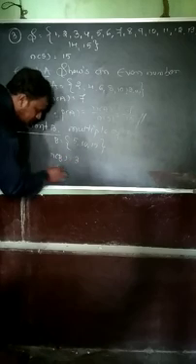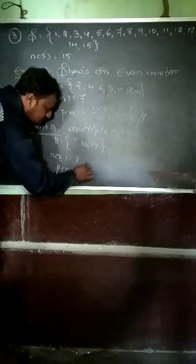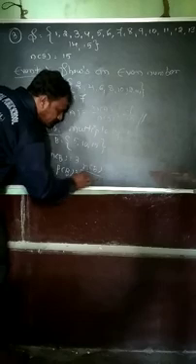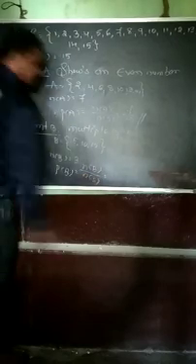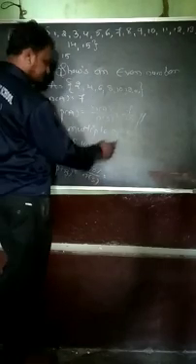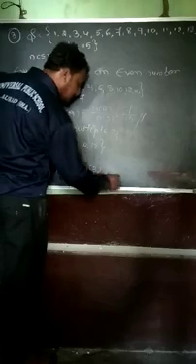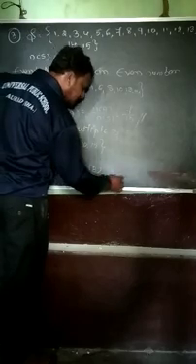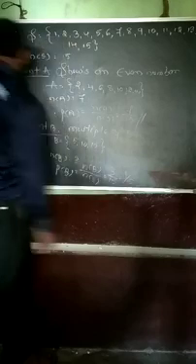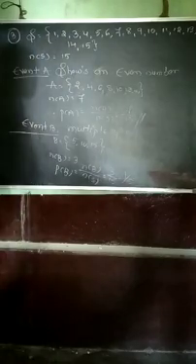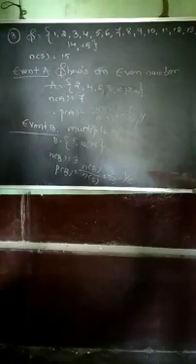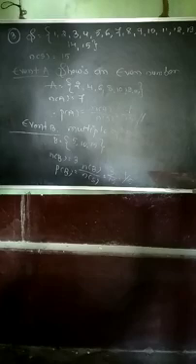Next, the probability of event B is equal to n of B divided by n of S. n of B is 3 and n of S is 15. The answer is 1/5, right. So this is how you have to solve problems. Okay.